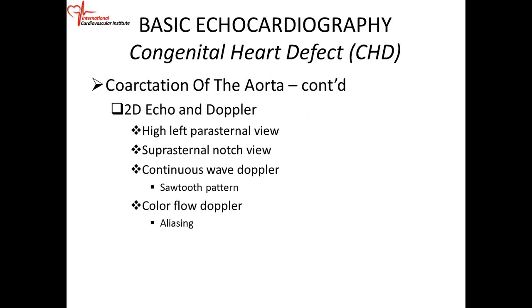If you start getting 2 meters per second and more than that, then you have significant narrowing and increase in the velocity. And then the pattern for the continuous wave, the so-called sawtooth pattern, almost always is going to clinch the diagnosis. And with color flow, you get turbulence, aliasing.